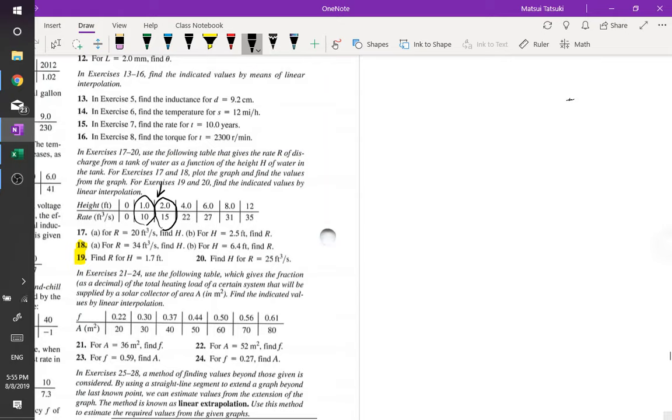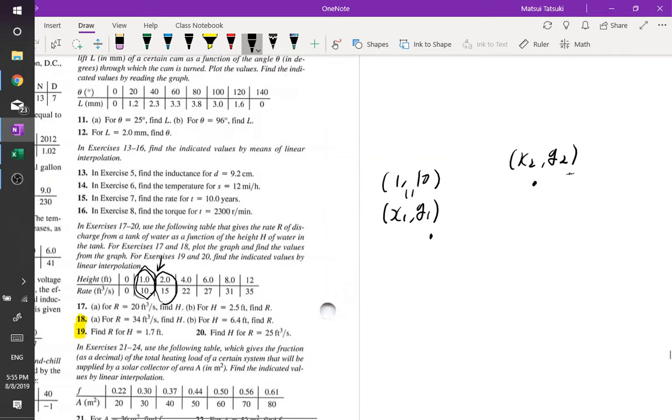So we have this situation where x1, y1, x2, and y2 are 1, 10, that's this point, and 2, 15, that's this one, the second one.